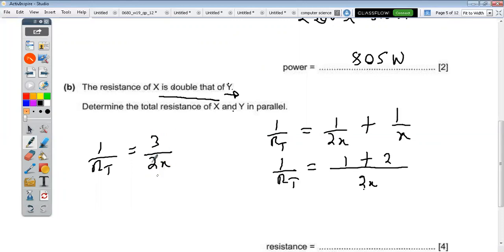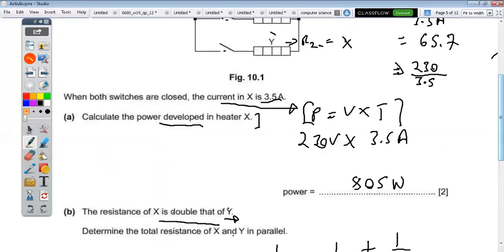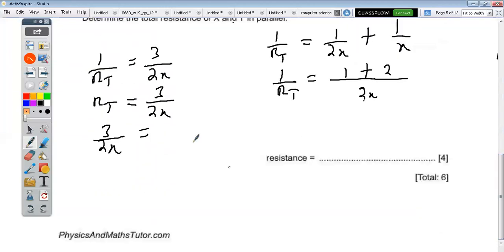But remember, this is not RT. RT is the inverse. So if you do the inverse, we get 2X over 3. Okay. But we now know that this is equal to the resistance that I said leave it like that. You said 230 over 3.5. Now cross multiply.